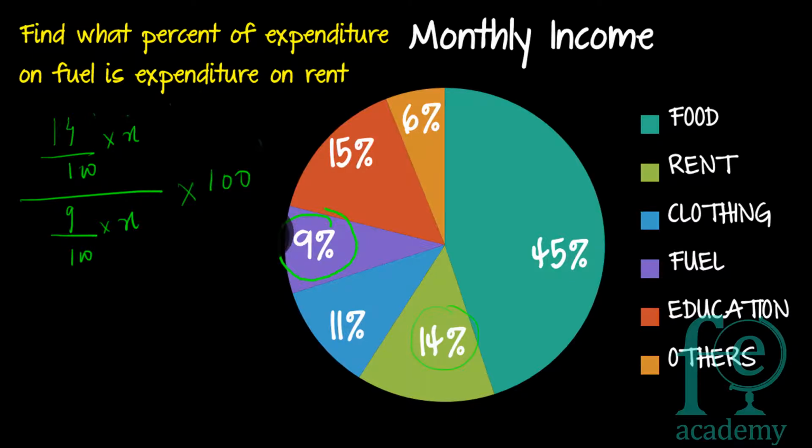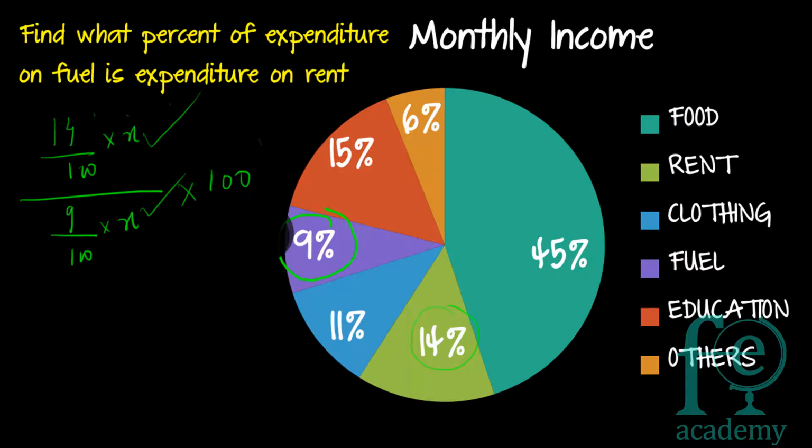Expenditure on rent is expressed as a percentage of expenditure on fuel. So expenditure on rent should come in the numerator and expenditure on fuel should come in the denominator. You have to read the question carefully and find out what is the given question. So here you have to express expenditure on rent as a percent of expenditure on fuel.